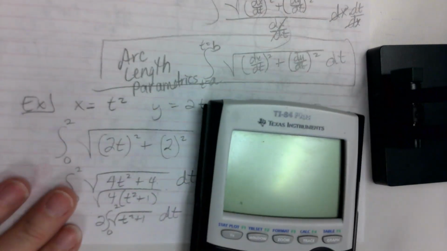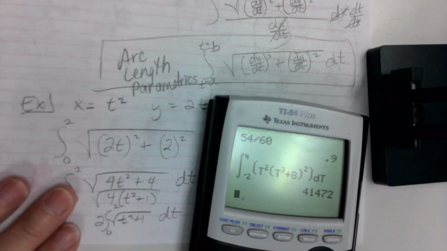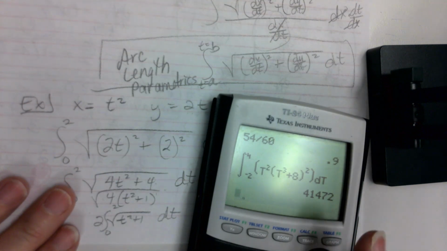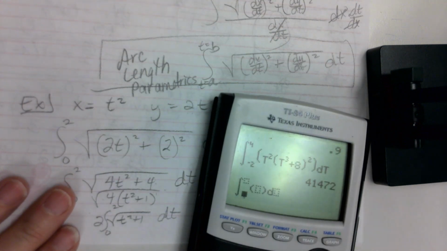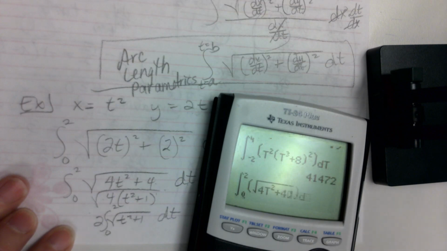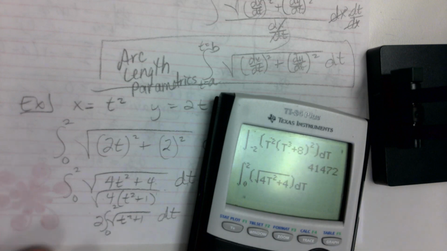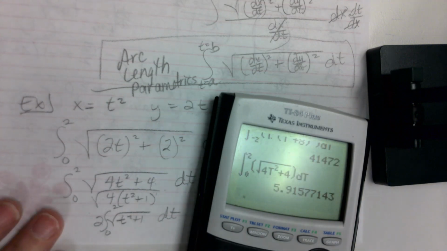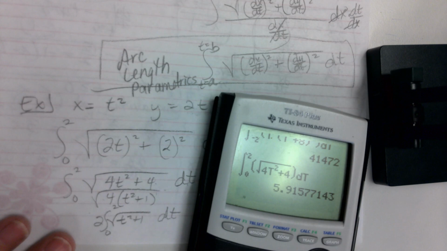Didn't it happen with our arc length before too? There were many problems that literally you just had to do them on the calculator. 0 to 2, square root 4t squared plus 4. By the way, why did the calculator give me t's? I'm in parametric, right? So 5.916.